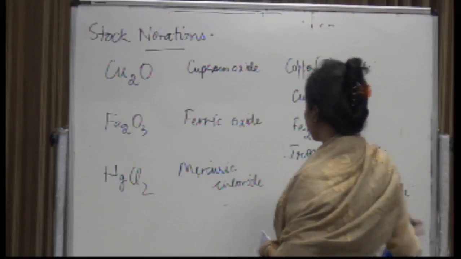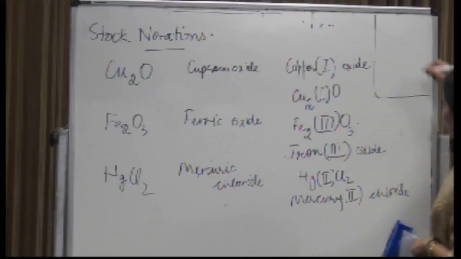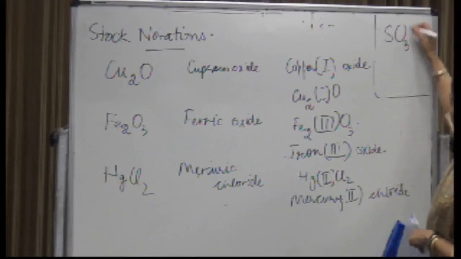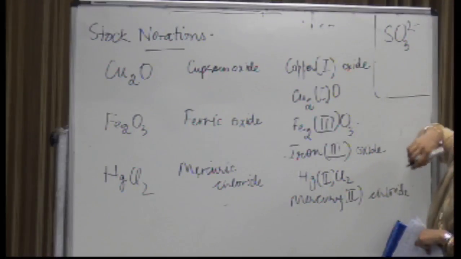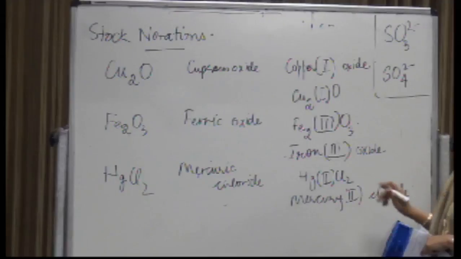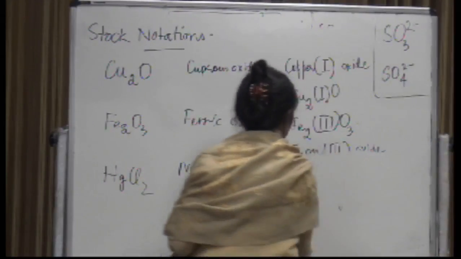Two more examples as I rub the board and you utilize your time. Find out the oxidation state of sulfur in SO4 2 minus and SO3 2 minus. Find it out.